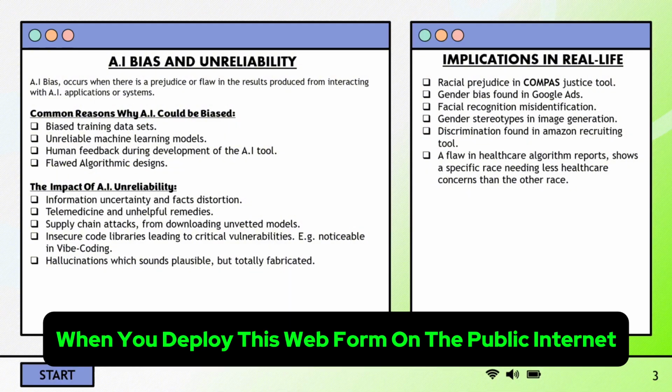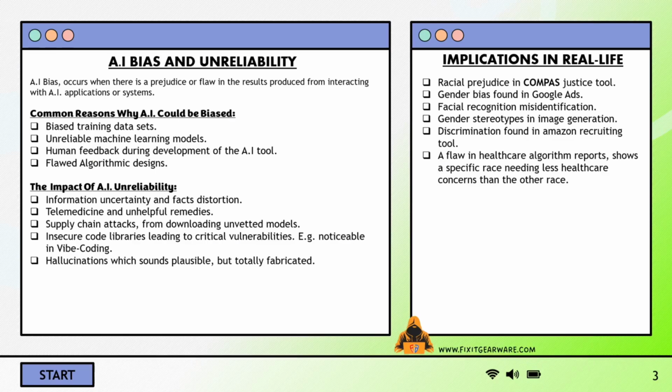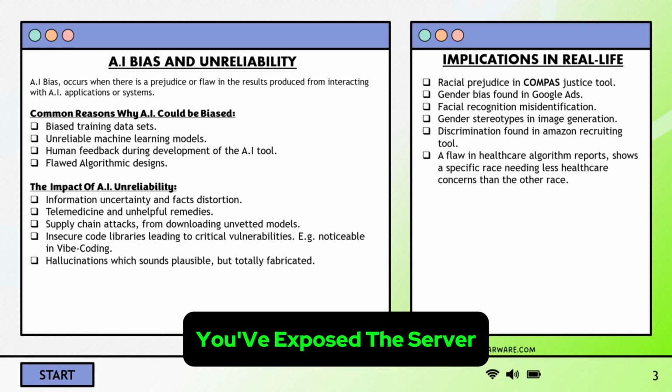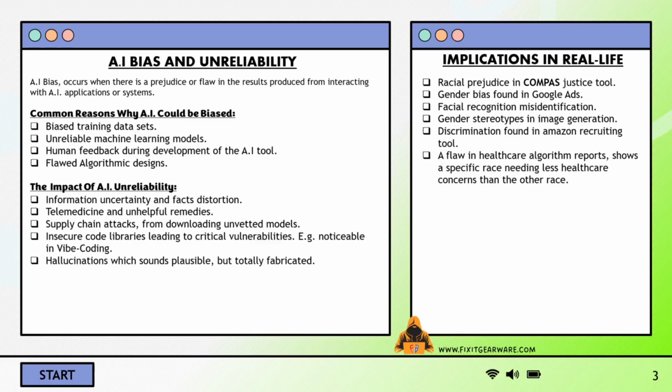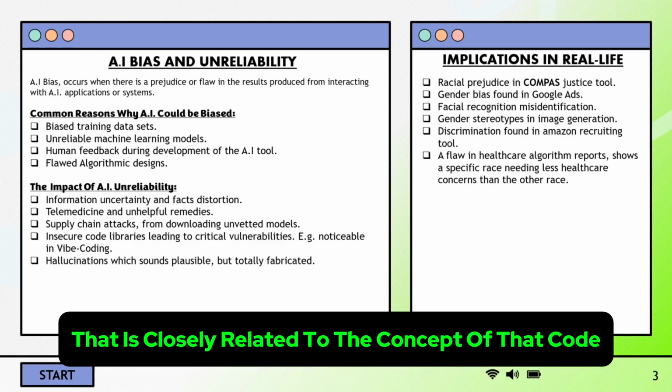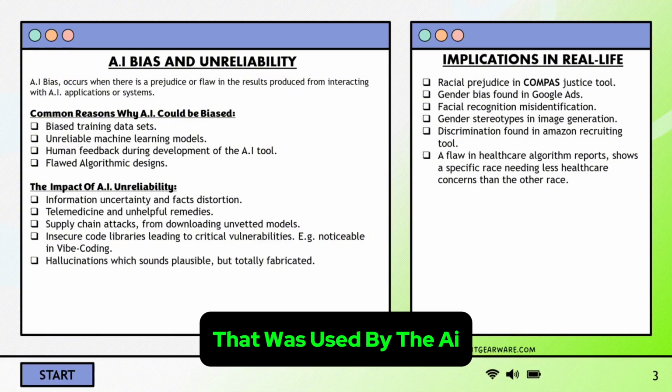tool. Now, when you deploy this web form on the public internet, you've exposed the server or the infrastructure that is using this form to a myriad of vulnerabilities that are closely related to the concept of that code that was used by the AI to build that form.